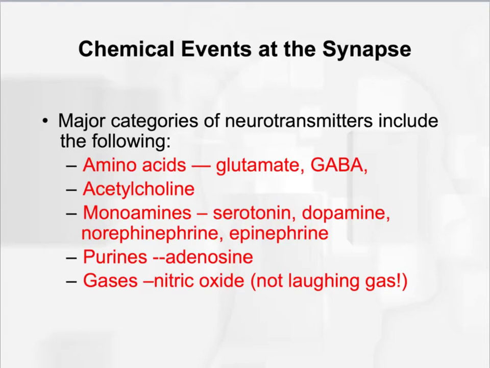We are going to talk a lot about some of these neurotransmitters, and some of them will be discussed throughout the course. Some of them won't be discussed at all, but for the most part, they all fall into two different categories: inhibitory and excitatory.